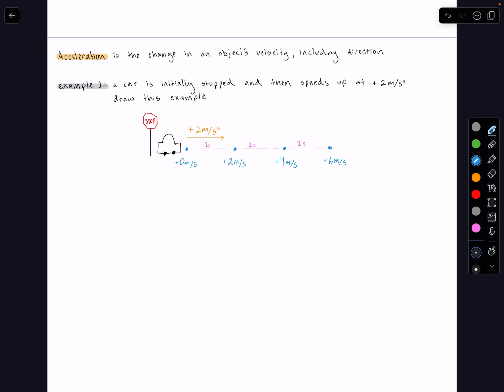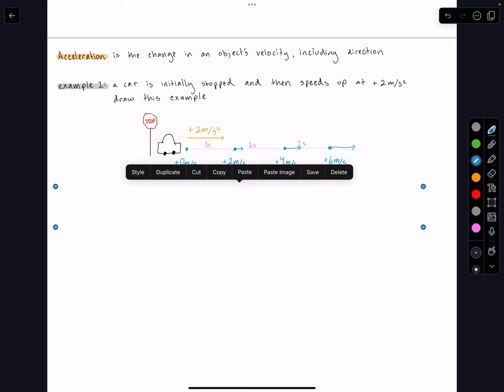So it starts out at 0, but then it gets to 2 meters per second. It gets to 4 meters per second. It's getting to 6 meters per second, etc. So it's speeding up. It's going faster. So great, I think that's a pretty decent explanation of the first example.